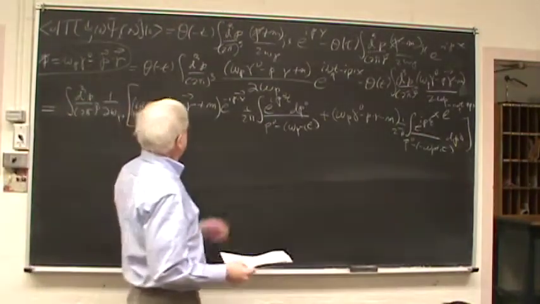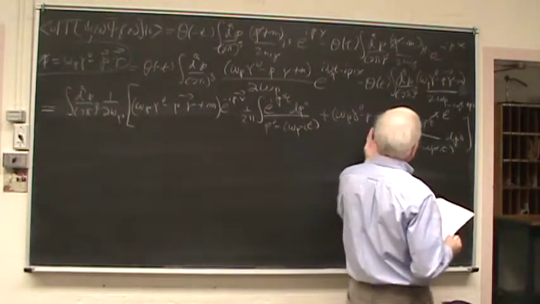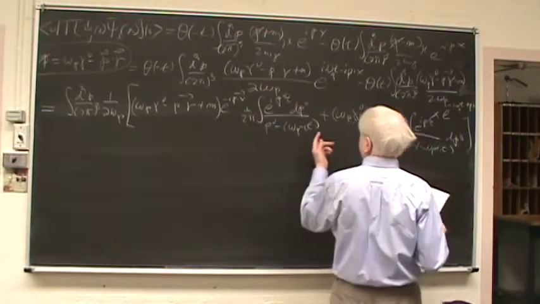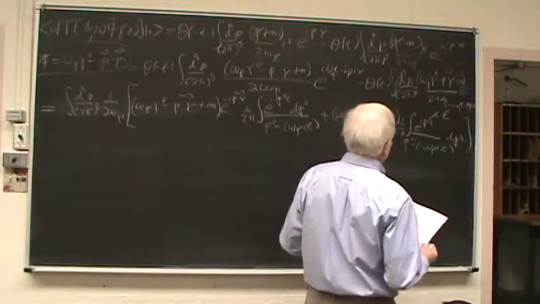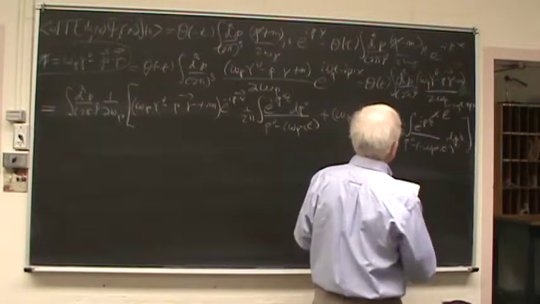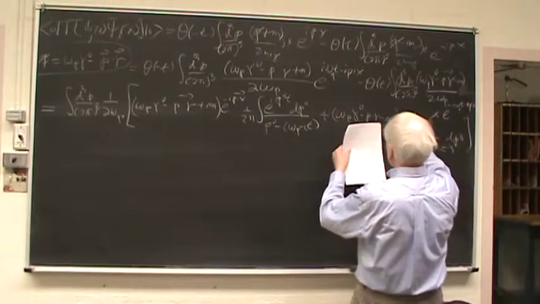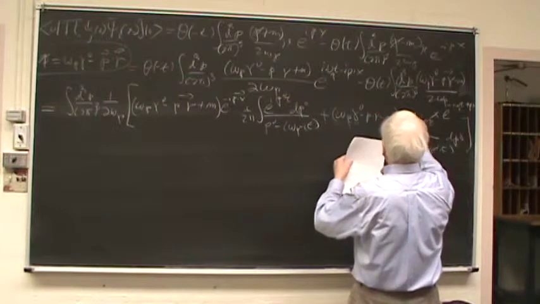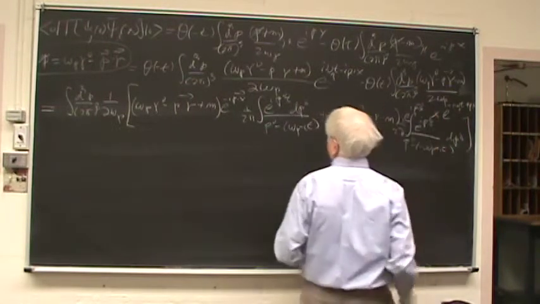What we do over here, though, is we flip the sign of p vector in the second integral here. So I left out an e to the I p dot x that I forgot to put in.